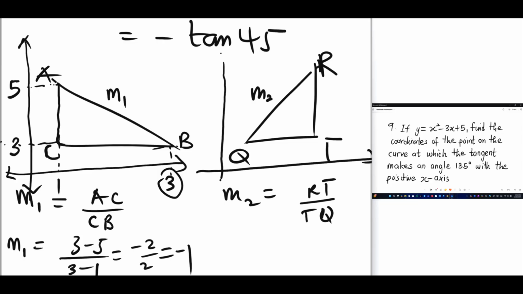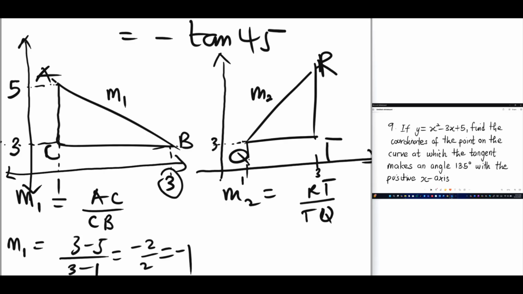If here is my x1, let us say I have 1 over here, and here is my x2, which I have to be 3. I'll trace my x1 to where line QR is, since I'll find the gradient of line QR. Where it meets the line QR, I'll trace it back to the y-axis to get the corresponding y value. That becomes my y1 value.